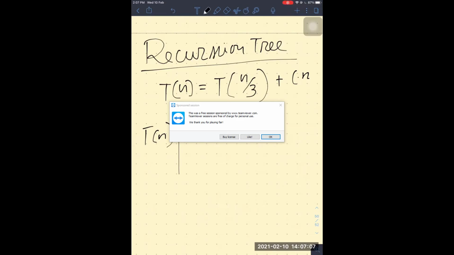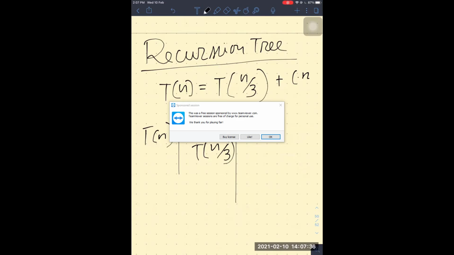First, when we put n over 3 in place of n, we will get C of n plus T of n over 3. Then in the second step, we will put another n over 3 here, so it will be n over 3 times 3, or n over 9.